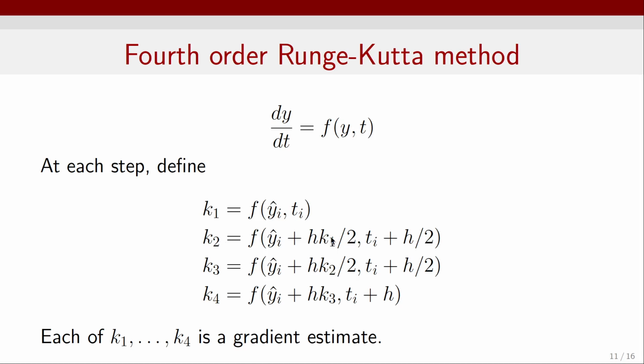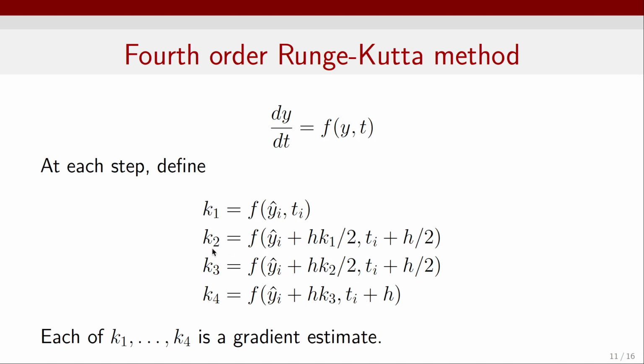So remember, k1 is calculated here and plugged into here, and then we use that to evaluate k2, and then k2 is computed here and then substituted into here. Then we use that expression to evaluate k3, and then finally we plug that k3 into this expression and evaluate that slope at time ti plus h. So that's the next time step.